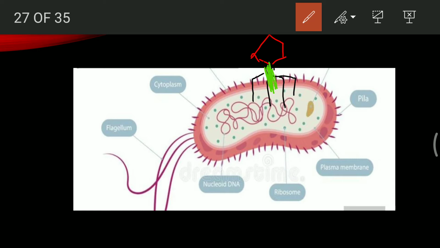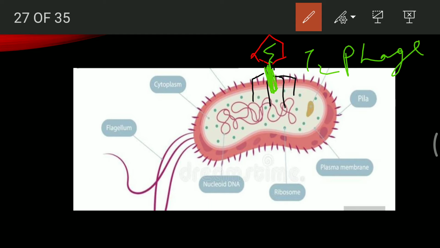I hope you all remember in class 11 we had discussed the structure of a virus, and over there we had discussed this collar. The collar is capable of transmitting the genetic material from the T2 phage to the E. coli. So once the T2 phage through the collar injects its genetic material inside the E. coli, the transformation takes place in the E. coli cells.